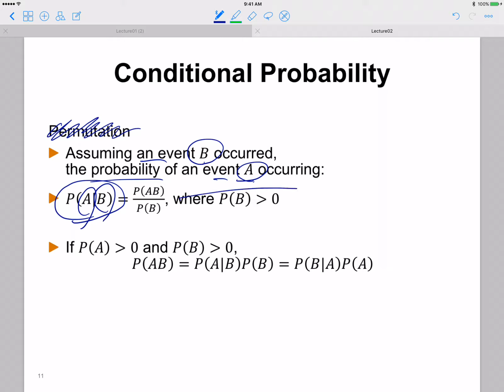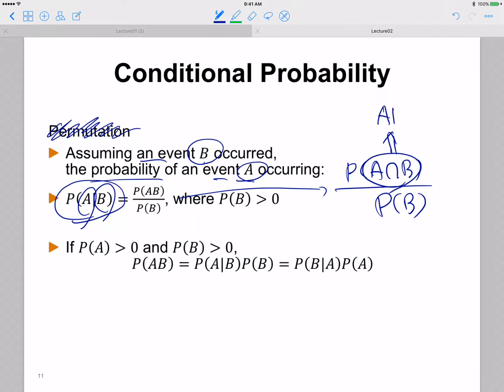Compactly, this one is just represented as P(A|B).